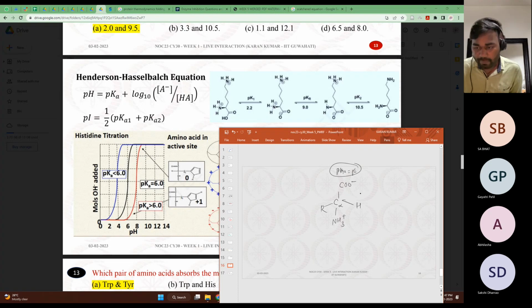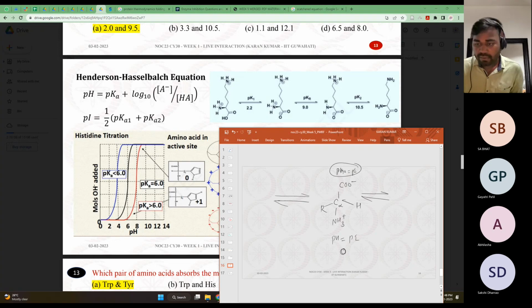So what will happen when you increase the pH and when you lower the pH? Right now, your pH is equal to pI. Here your net charge is 0, right? Because negative and positive are both cancelled. So your charge is 0.